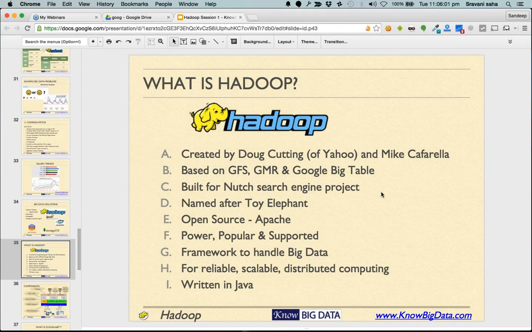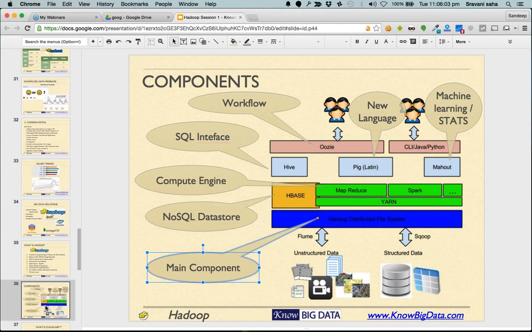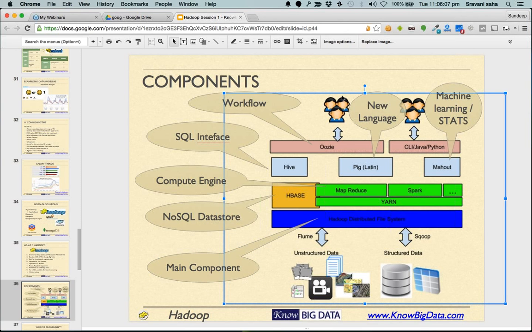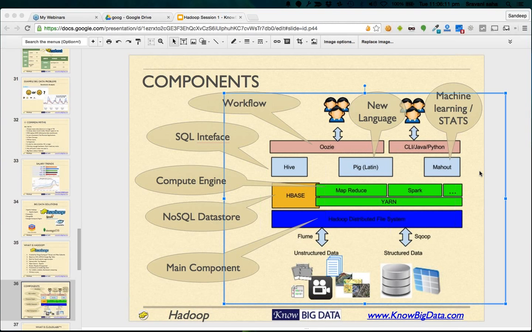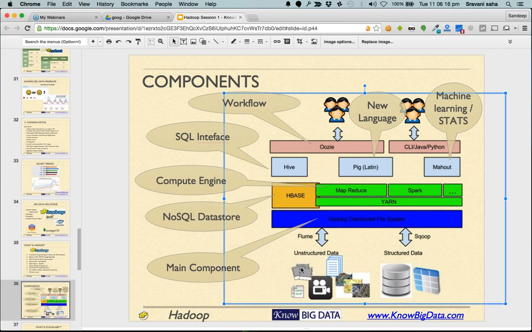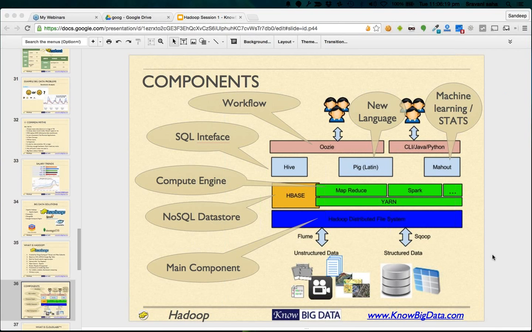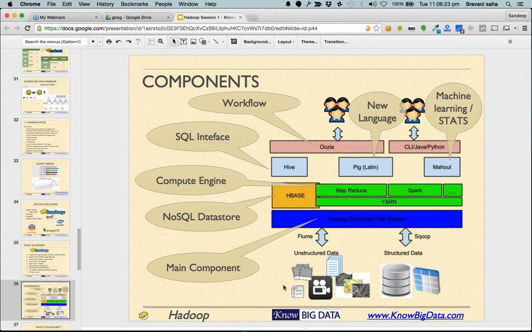All right, let's move ahead. Now the main important part, the most important part about today's session. Let's try to understand the components. Keep asking questions, so I might stop in between to answer them. As I told you, Hadoop is an umbrella term.